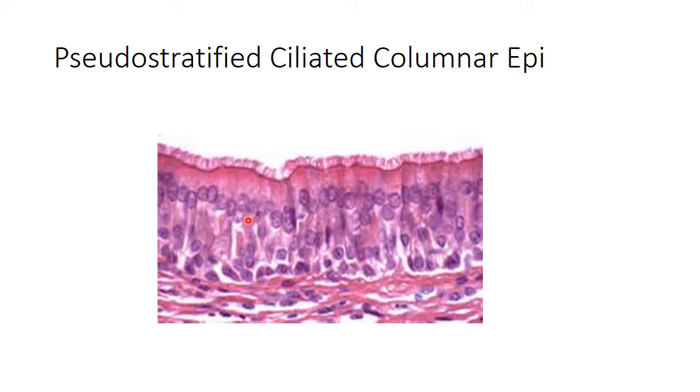So if I were to take simple columnar epithelium, put some hairs on the top, then I get on the very end of those columns of cells, and I push them. And as they're smushed together, they look like they're layered, but they're not. Pseudo means false. So pseudostratified ciliated columnar epithelium.